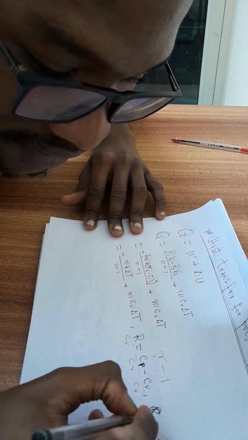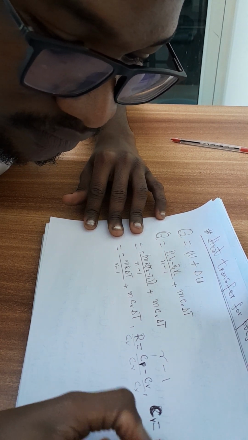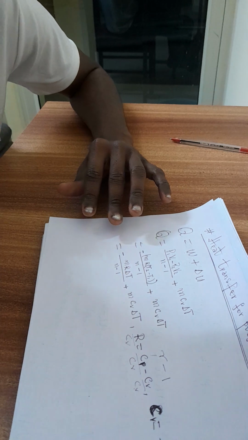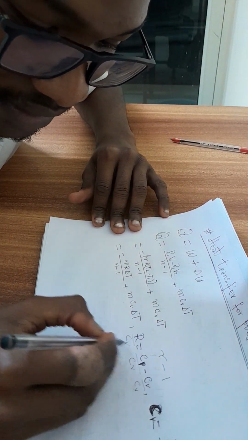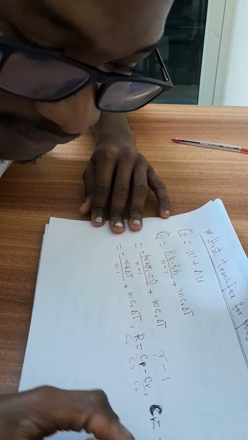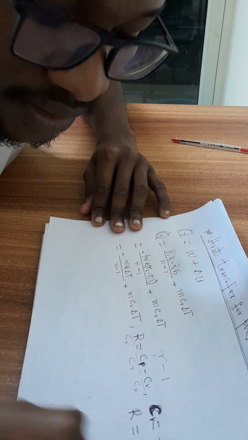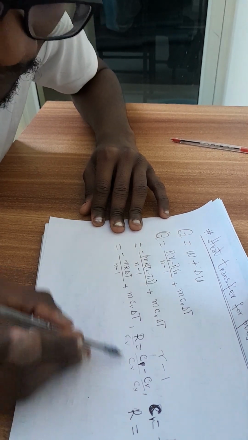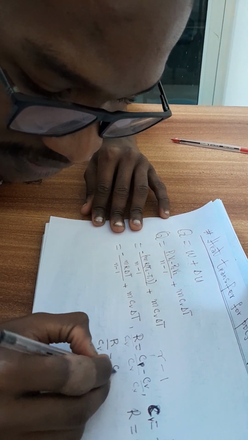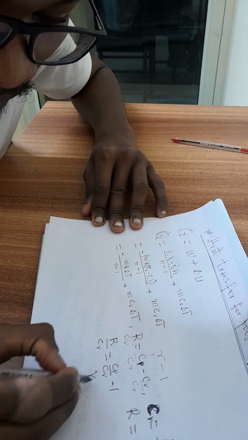If you divide the expression Cp minus Cv equals R by Cv, you get R upon Cv equal to Cp upon Cv minus 1, which is gamma minus 1.